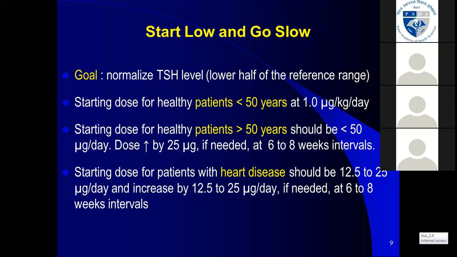The starting dose for patients with heart disease should be very low, 12.5 to 25 microgram per day total, and we can increase by 12.5 to 25 microgram per day if needed at 6 to 8 weeks. But in some books, it is mentioned that we can use thyroxine on alternate days in coronary artery disease and other heart disease.